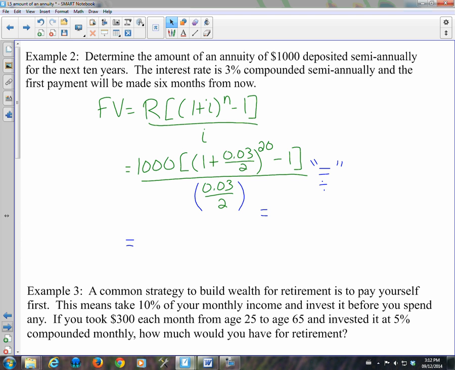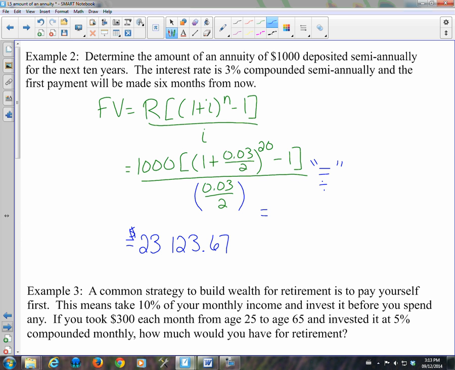So I'm going to take a minute here and get the answer. I have got $23,123.67 is the value if I deposit $1,000 twice a year for 10 years.